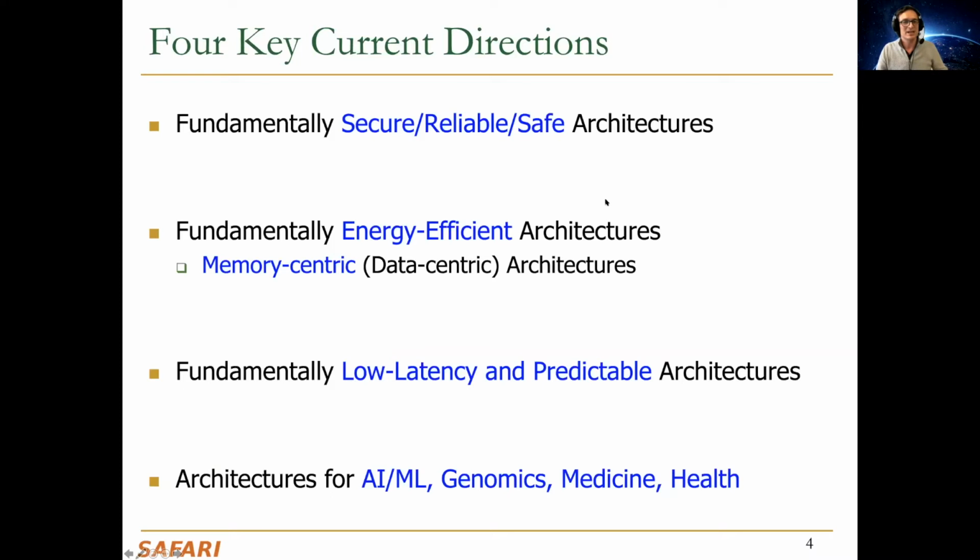These are some current directions we're following in my group: fundamentally secure, reliable, and safe architectures, fundamentally energy-efficient architectures, and more memory-centric architectures. You will get exposed to it during this lecture and during the course as well. Also reducing the latency of existing architectures, making them much more predictable and robust, and designing architectures for future applications like AI, ML, genomics, medicine, health, etc.